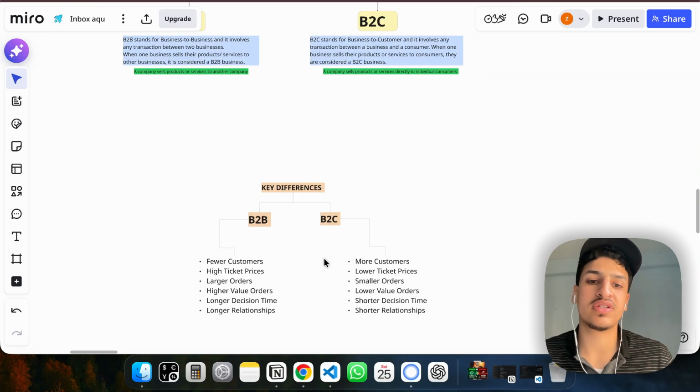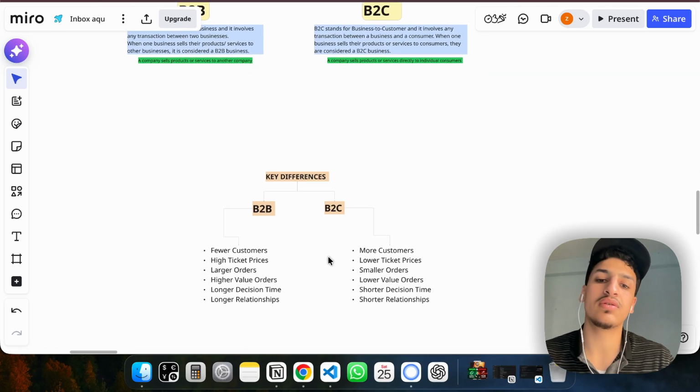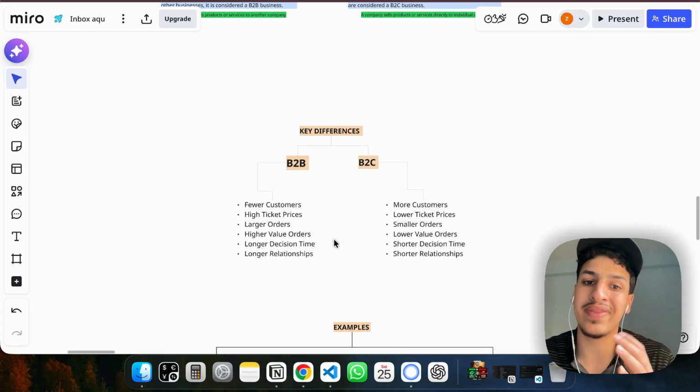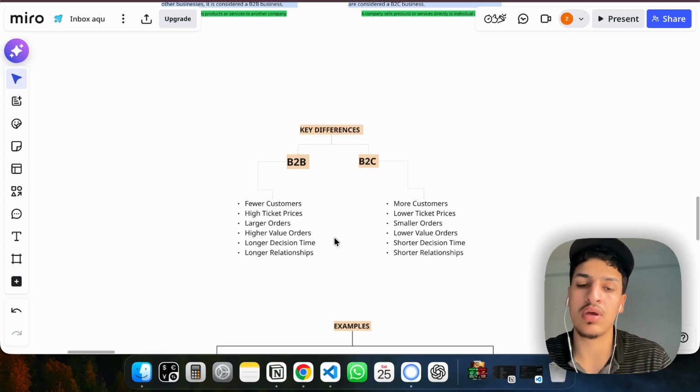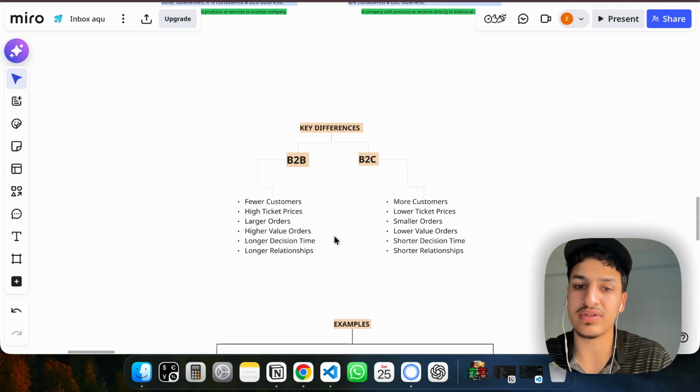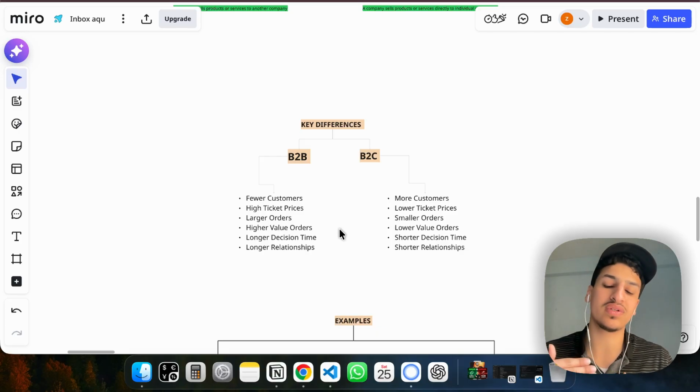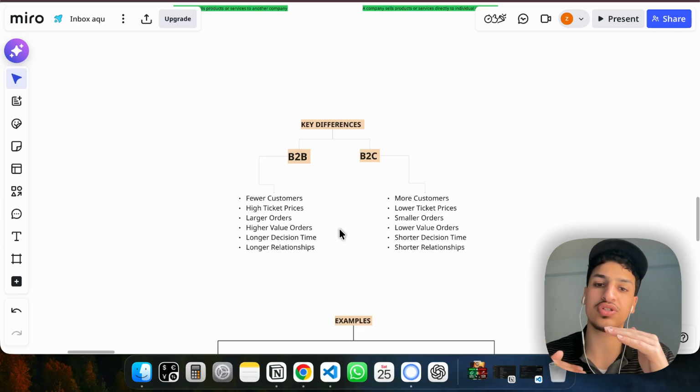The key differences between B2B and B2C: B2B has fewer customers but high ticket prices, and it has larger but high value orders as well. It also has a longer decision time, because any transaction between a business and a business takes time, as it's a much longer process.